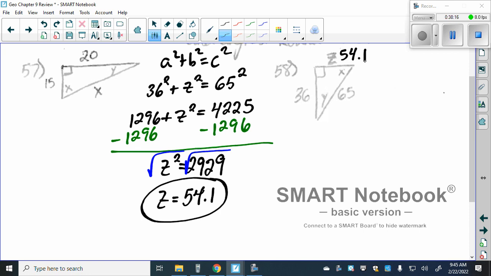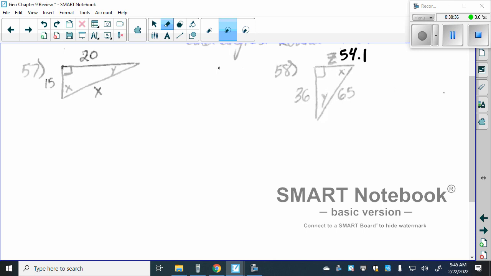If we wanted to leave it as a radical, we could have done that also. Any questions on how we found the measure of z? I need to change 57 because I can't have that mean side length x and angle x, but whatever.